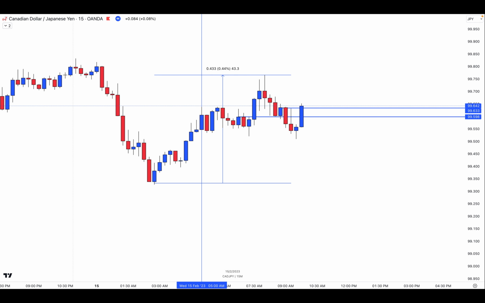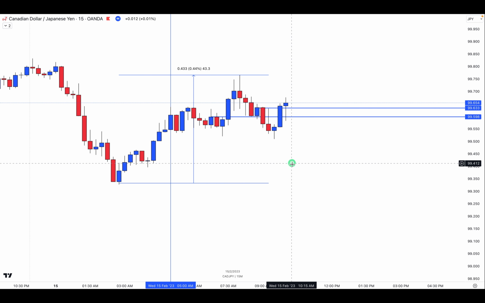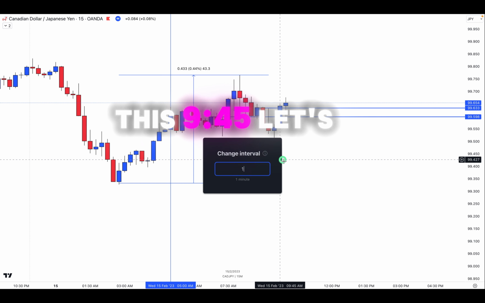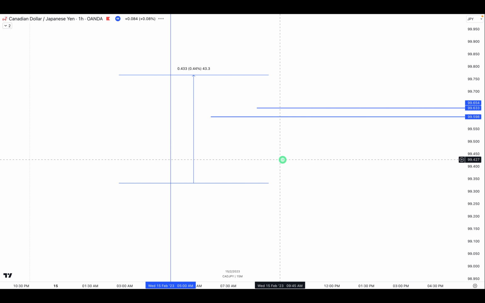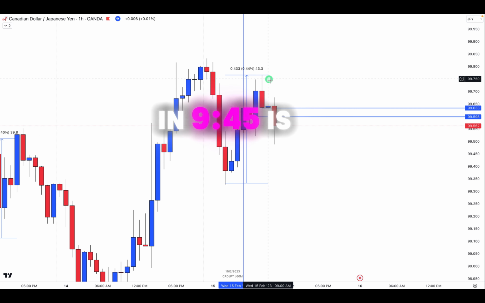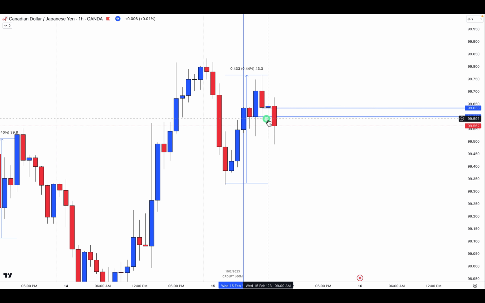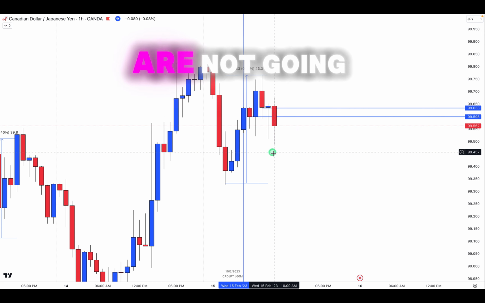It is 9:45. Let's check at 9:45. It is along this candle. We are only looking for trades that are formed after 10. So the entries that are from 9 to 10 are not going to be valid.